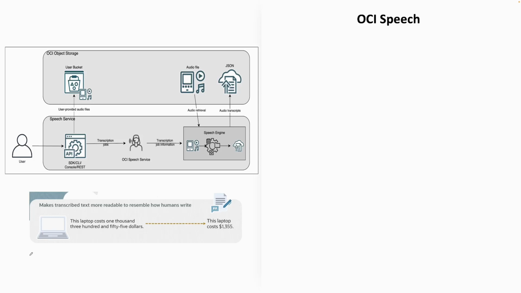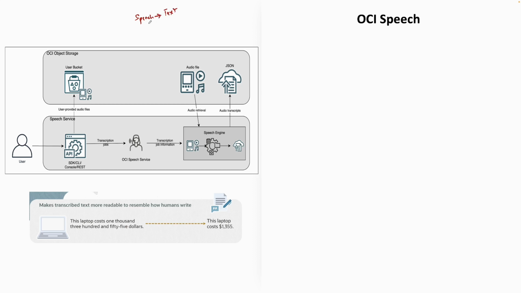Hi folks, welcome back. So after having a good look at OCI AI services like OCI Digital Assistant, then we looked at OCI Language, it's time to take a look at the OCI Speech service. Now remember, when we say speech, we are talking about speech to text.